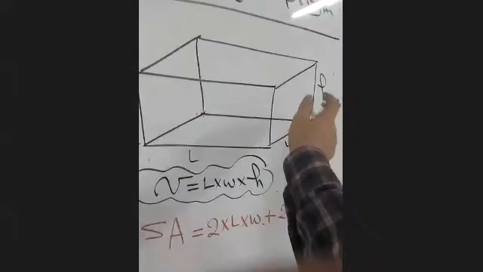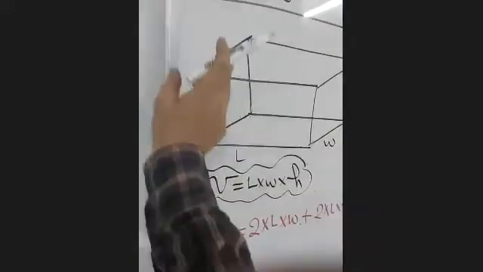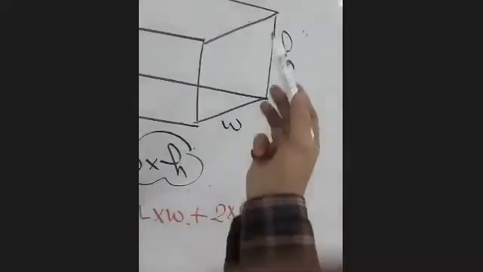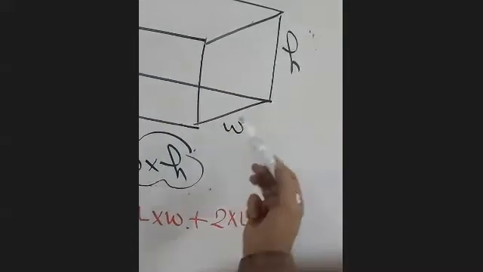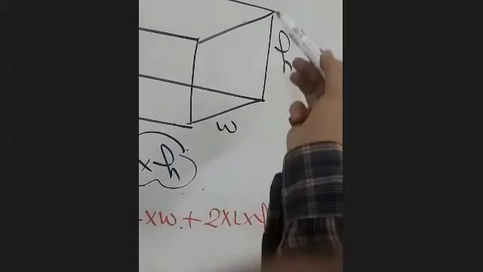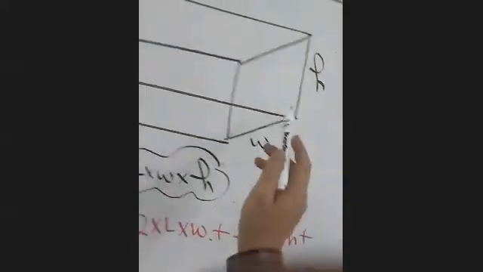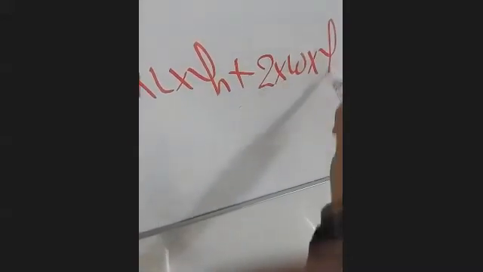The face to the right here, and the face to the left here, they are congruent, they are equal. What's the area of this face? Its length is W, multiplied by its width, which is the height. So W multiply height, but because we have two faces, I will write 2 multiply W multiply height.